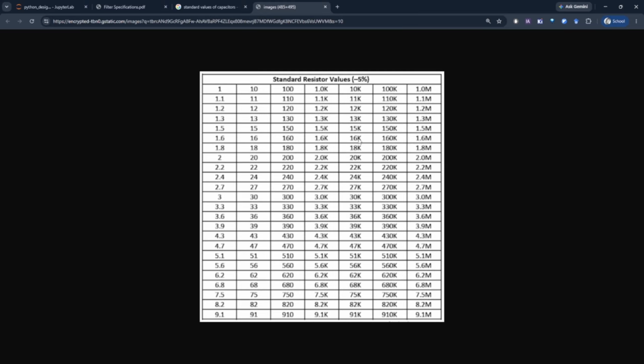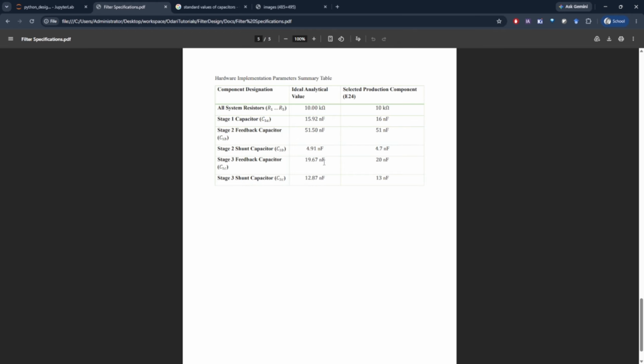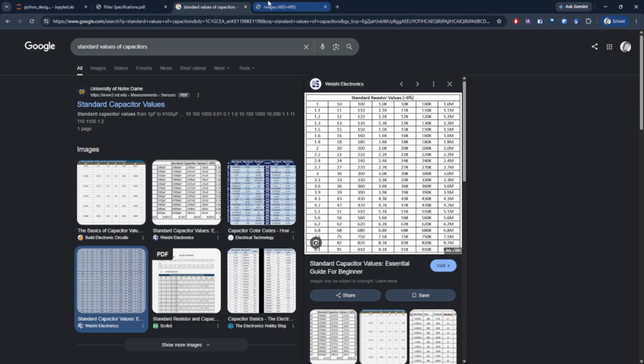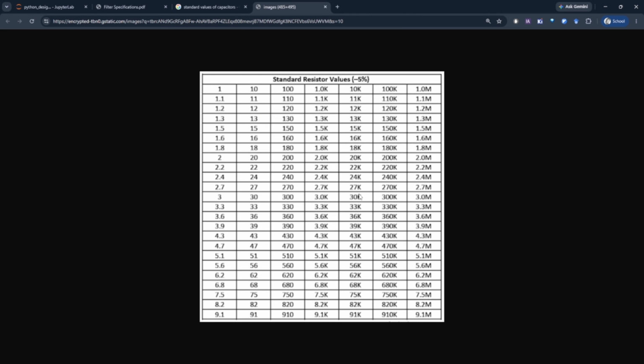So you find that 15.92 is close to 16. That's why I picked 16. The other one is 19.69. There's 18, there's 20. 19.69 is close to 20, so I chose 20.